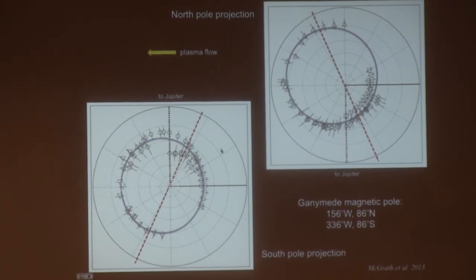Another thing is the northern oval is skewed. It seems to be oriented in a way related to the Ganymede magnetic field. The flow is going from right to left here, and you can see that the oval isn't symmetric around the plasma flow direction, and it's not symmetric around the pole.